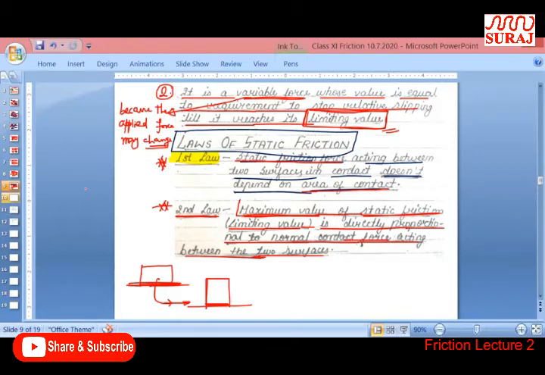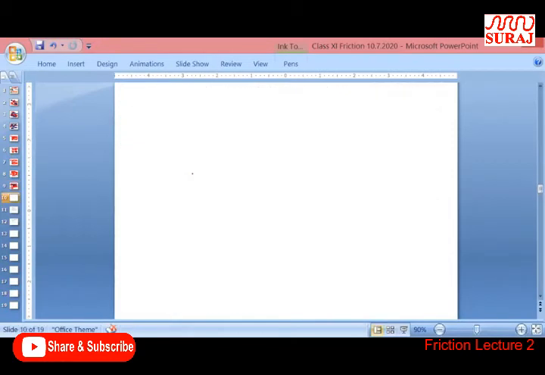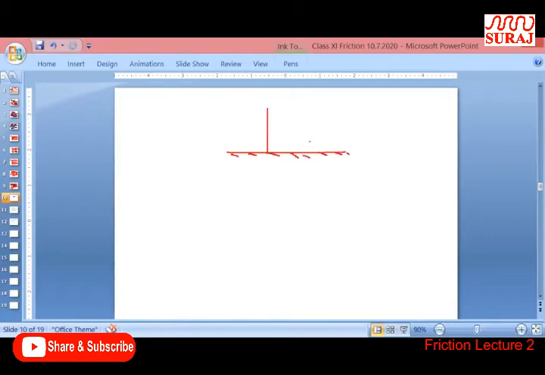We will try to write these two laws with the help of the block. Suppose again I will take the same rough surface. I have taken a rough surface and a block is placed here on the rough surface. A force F is applied like this, and a friction force starts existing here.